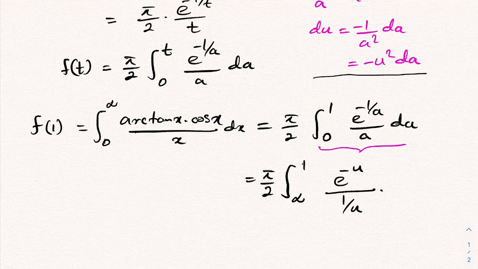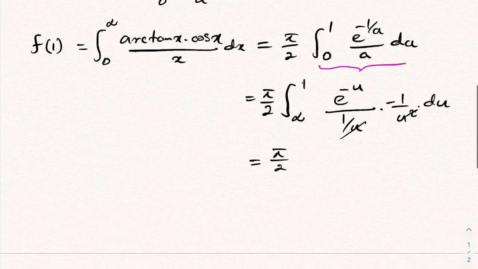Here we can isolate dA: minus 1 over u square times du. Now we know this u gets cancelled. So we have pi over 2, then we can change upper limit and lower limit, 1 to infinity. When we change the limit, this minus sign gets cancelled, so we have e to the minus u over u times du.